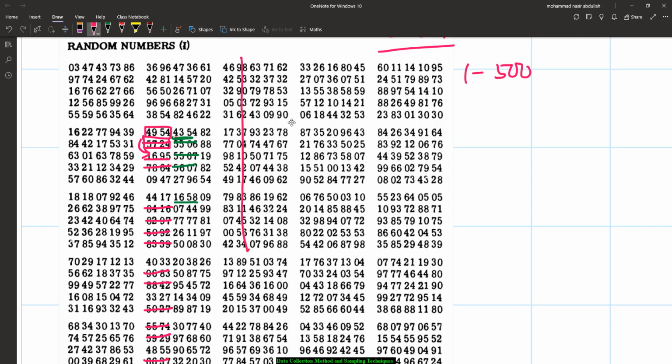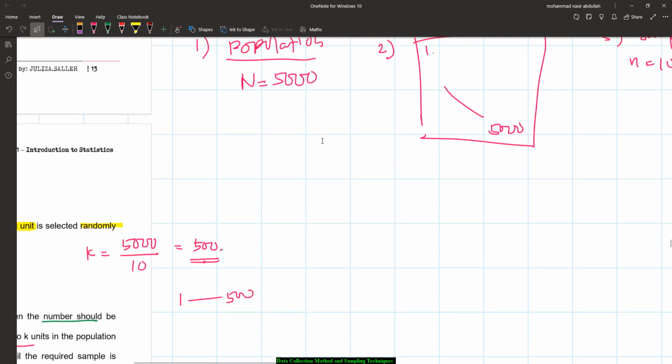Right, we're going to use 3 digits. So the first random number is 469, right? So still between 500 kan, 469. So we're going to select the first sampling unit 469.